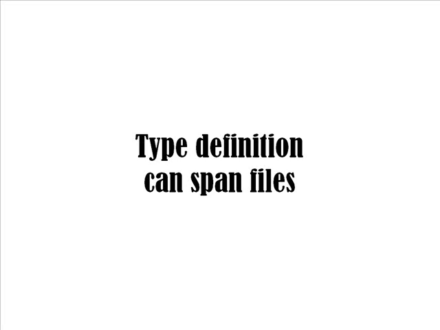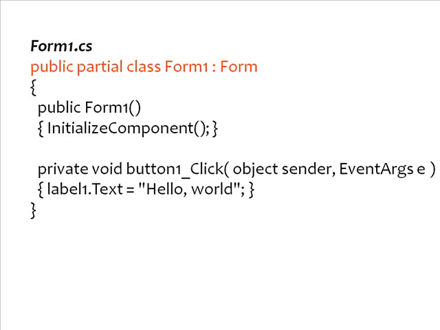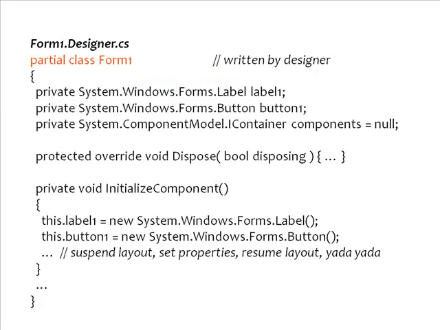Now types can span multiple files, and that allows me to keep the part that I write. Here I'm writing a form separate from the part that the designer writes, which is messy and involves newing up controls and suspending layout and setting properties and resuming layout and yada yada yada.